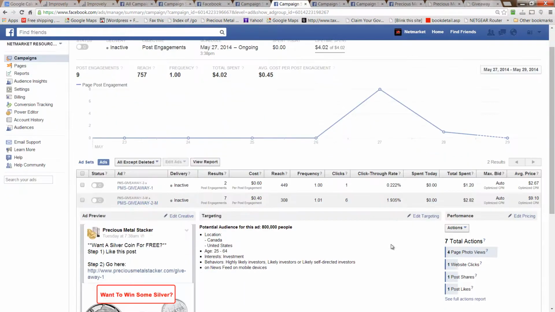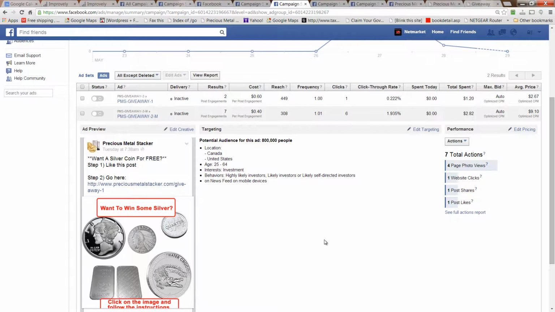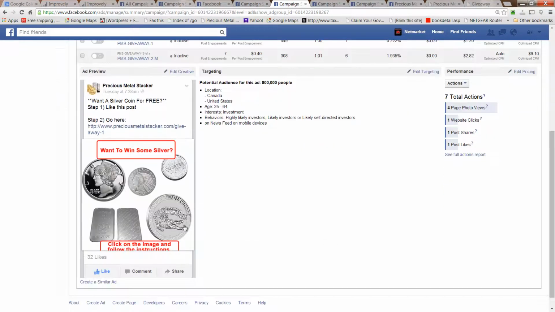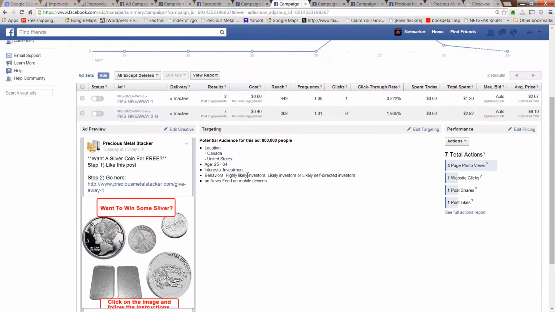All right, here's the second iteration. Again, we went with the same ad, but we had a different interest. We just did investment, so we went a little bit more broad here, but we still kept the same behaviors. Of course, this one bombed even worse.